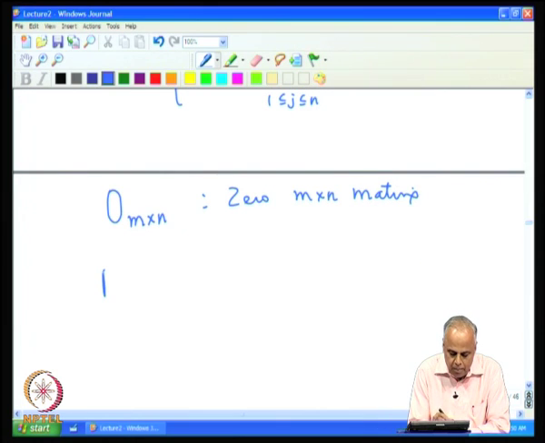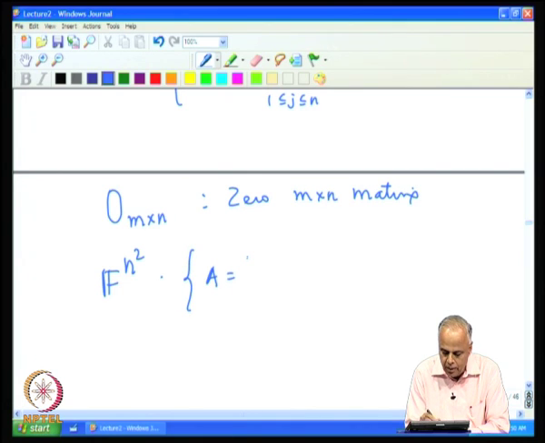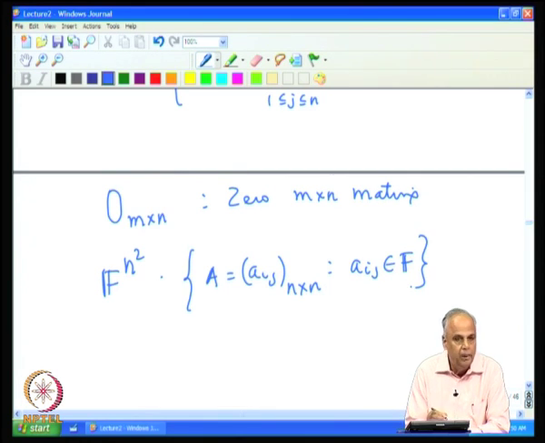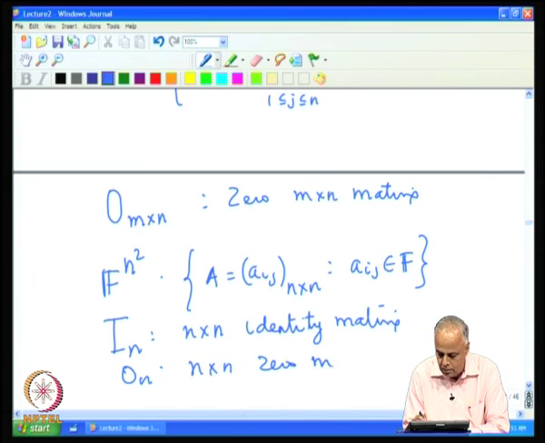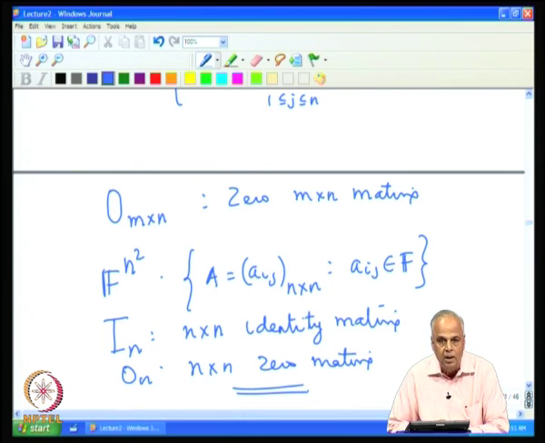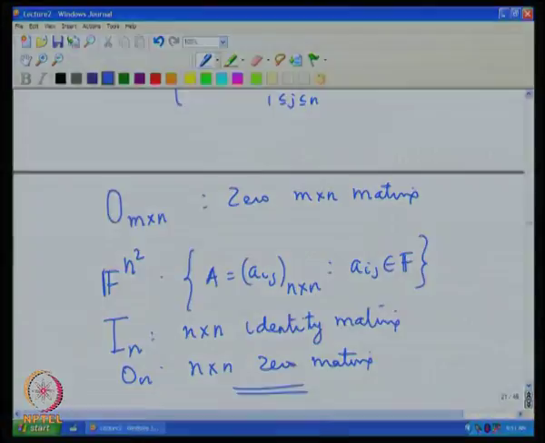And when m equals n, we get F^(n×n), the set of all n by n matrices such that a_ij is from F. In this situation, we shall denote by I_n the n by n identity matrix, and 0_n the n by n 0 matrix. With these notations, we shall begin in our next lecture the study of linear systems of equations.